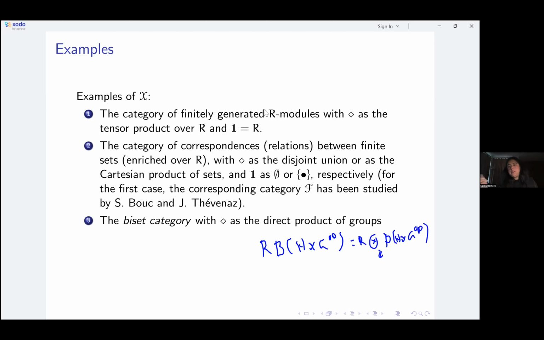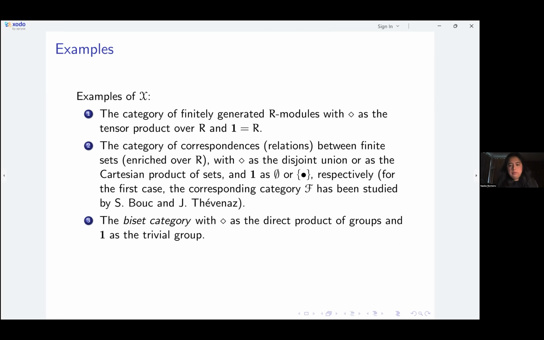So the Burnside group is an abelian group, so we're tensoring by R, and this is an R module. So the monoidal structure is just given by this direct product, and the identity object is just the trivial group.